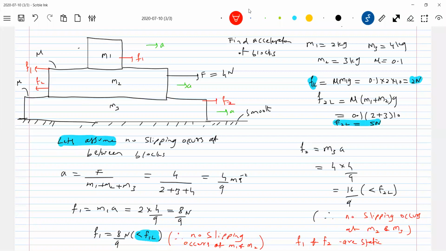It will adjust itself. See, all blocks are accelerating as you vary the applied force. What will happen to F1, F2? They should vary. As long as there's no slipping, the friction acting will be static, and as you vary the applied force, F1 and F2 also will vary. Got the point?